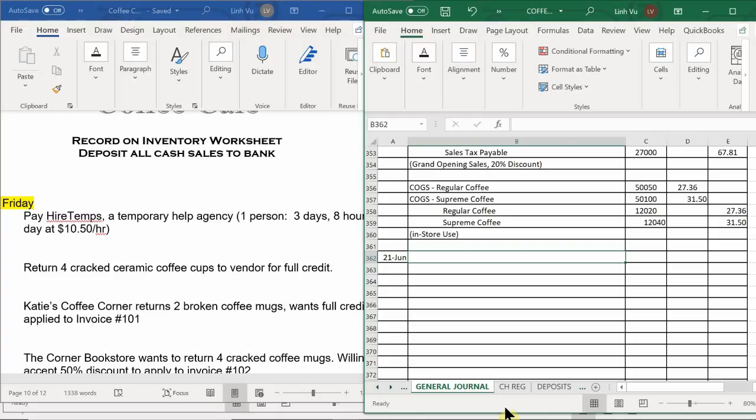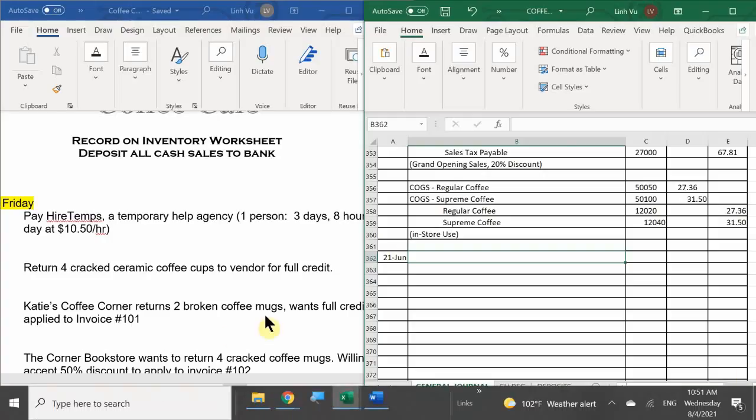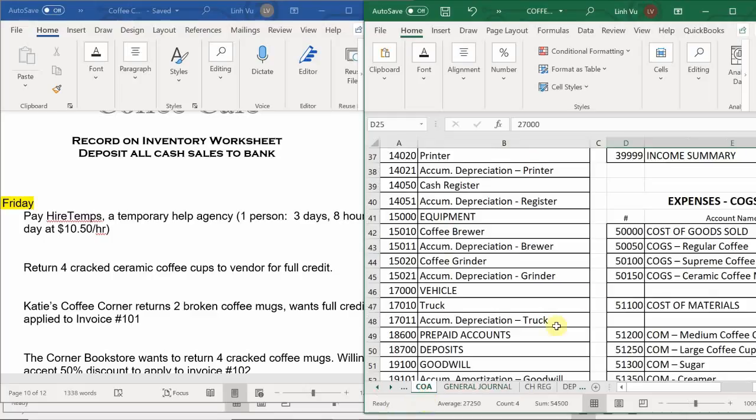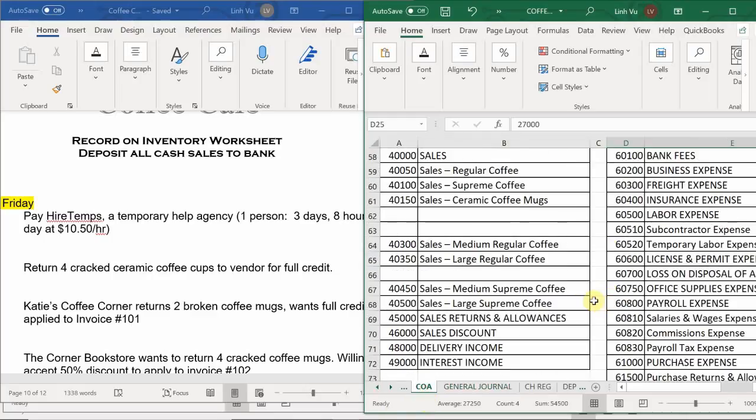Let me look at my chart of accounts. Are we going to debit labor expense? Yes, more particularly, what kind of labor expense? Temporary labor expense, right? Because this is just a temporary worker that we hired through a temporary agency.